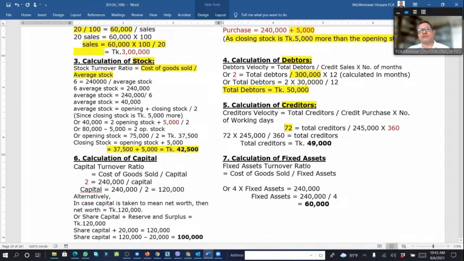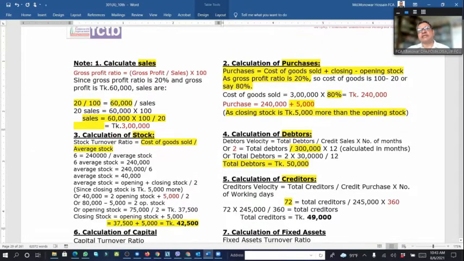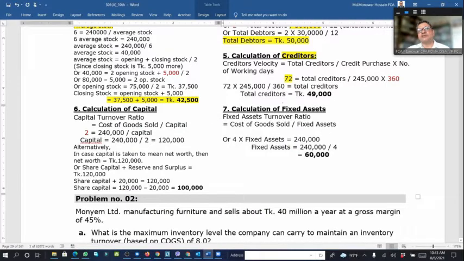So the velocity or turnover 72 equals total creditors divided by credit purchase. So what is the credit purchase? This is the credit purchase, 2,40,000 plus 5,000. So that 2,45,000 is the credit purchase, and 360 days in a year.